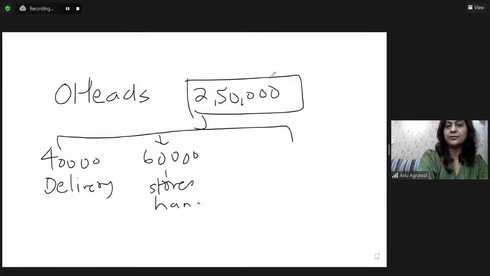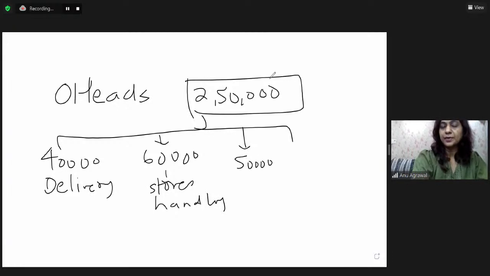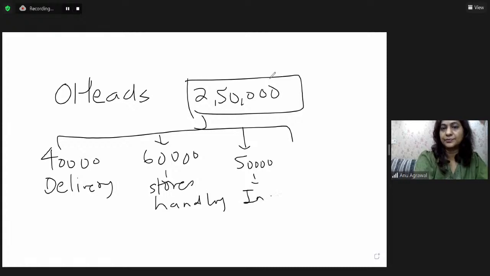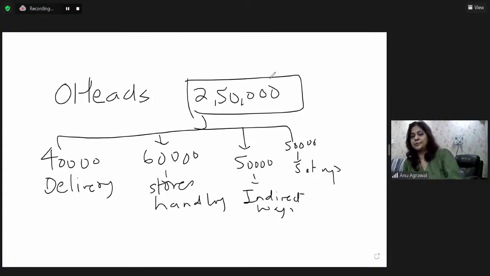These overheads are happening because of handling of stores. And around 50,000 I can relate to labor, or you can say indirect wages. And we realized that this 1 lakh was due to setup.